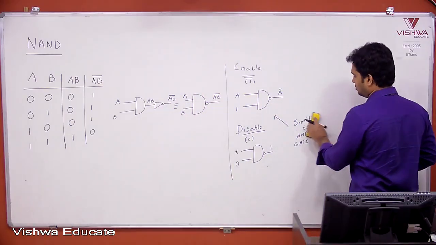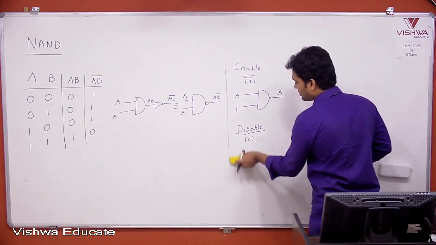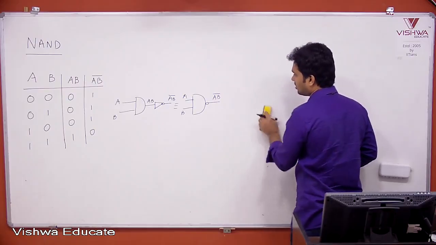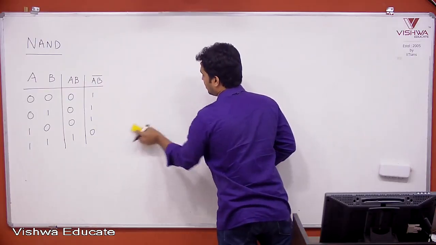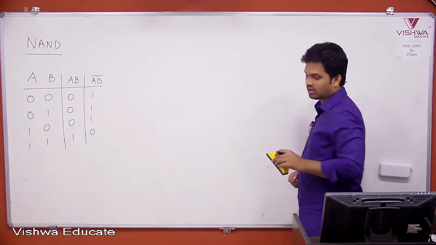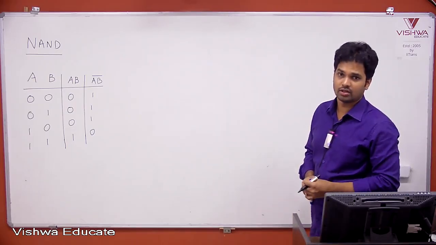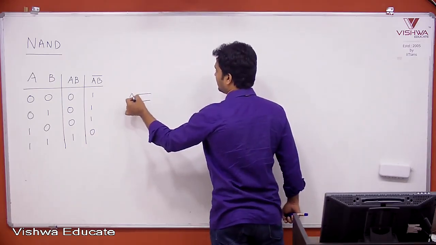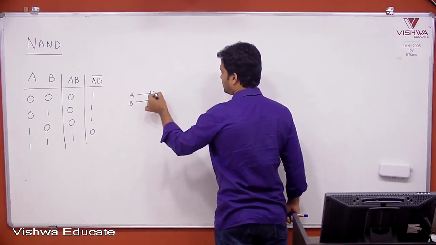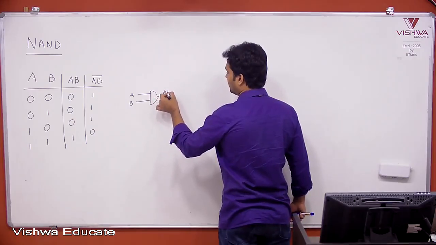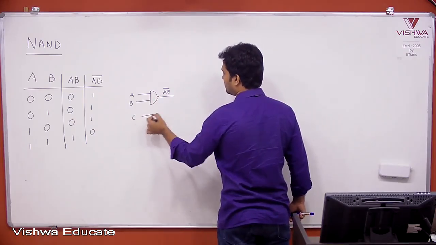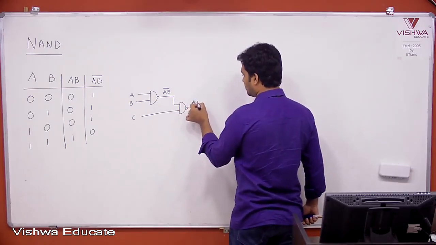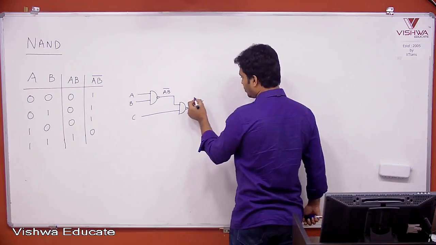Now, in the last class, in the first lectures, we discussed one important point. What is that? NAND and NOR do not follow the associative property. Let us see that. Suppose I have a NAND gate with A, B. What is the output? AB whole bar. Take C. AB whole bar into C whole bar.